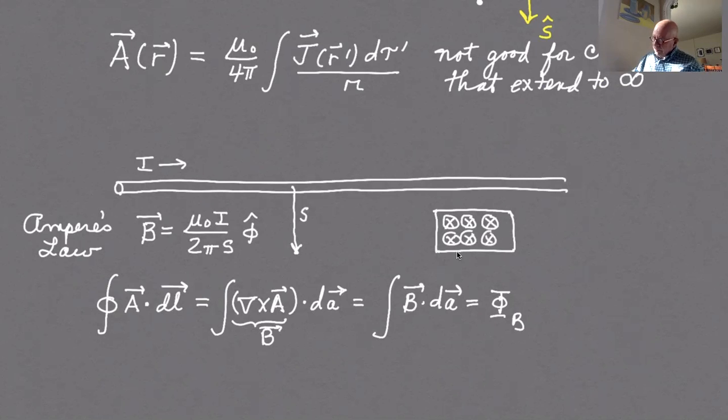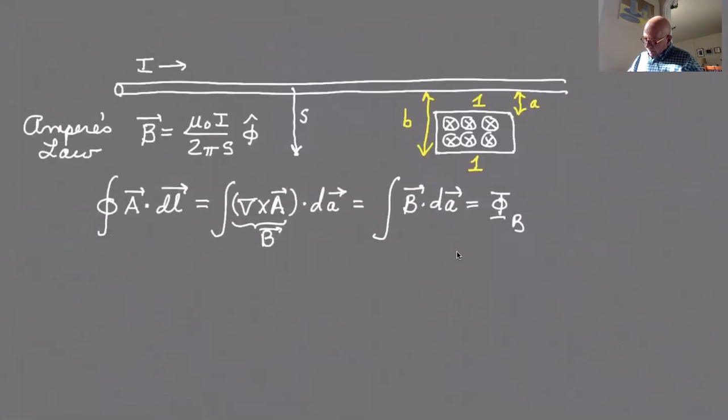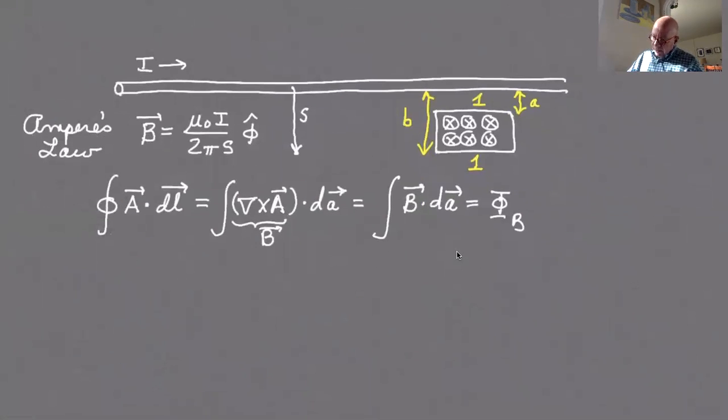We need some distances here, so I'm going to switch up colors. I'm going to say that this is distance A, and let's say this is distance B. And I'm going to arbitrarily give a unit distance to those two sides.